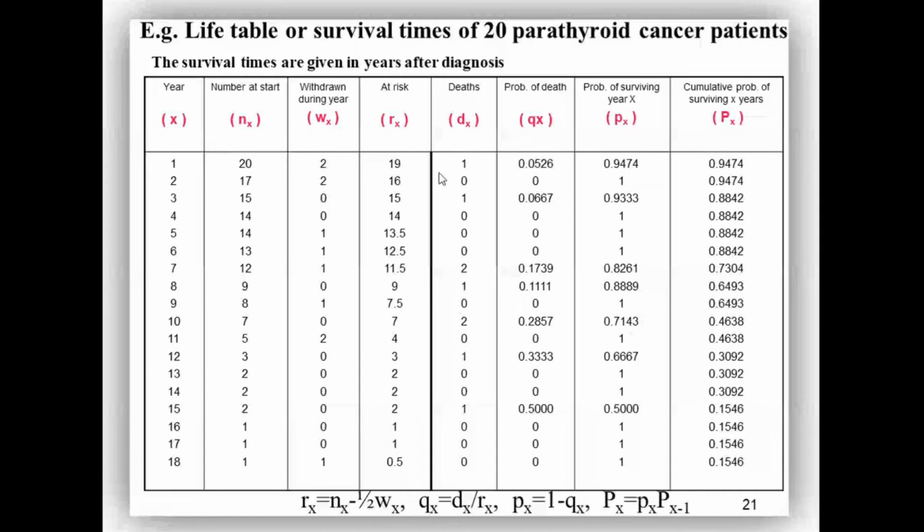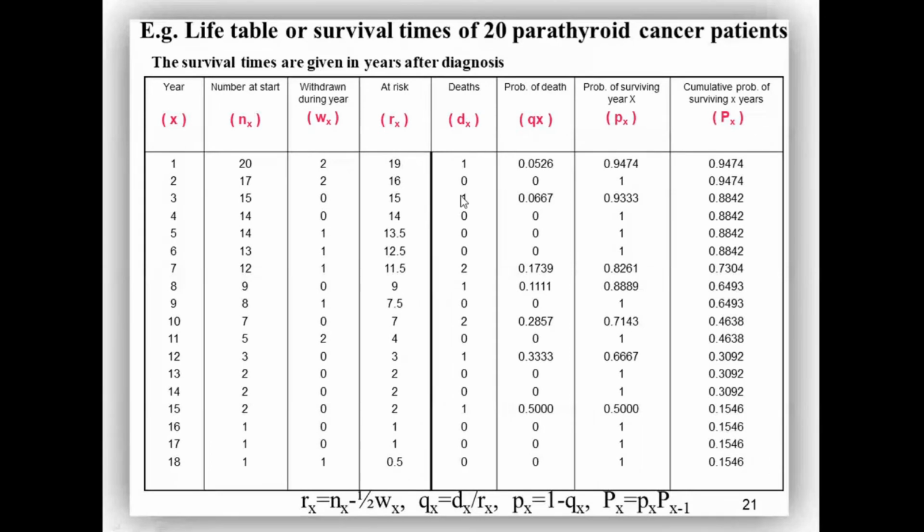Year 3, how many individuals do we have? 15 only. Why? Because out of 17, we have lost 2 individuals, so we are left with only 15. Withdrawal is 0. Therefore, the population at risk in that particular year is 15, because 15 minus half of 0 is 15.